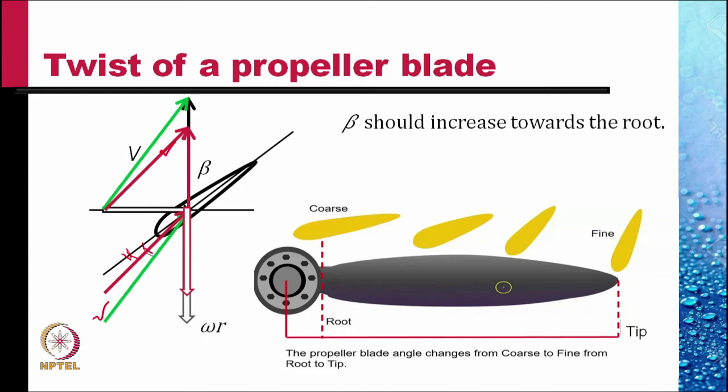If we take a rotor blade, a propeller blade, the propeller blade has a very coarse pitch at the root compared to the pitch at the tip of the blade. The propeller blade angle changes from coarse to fine, from root to tip.